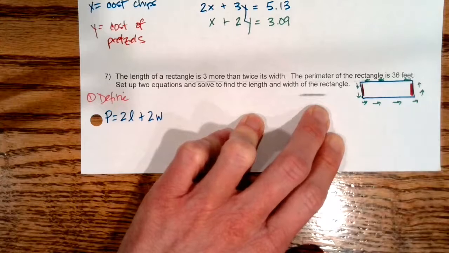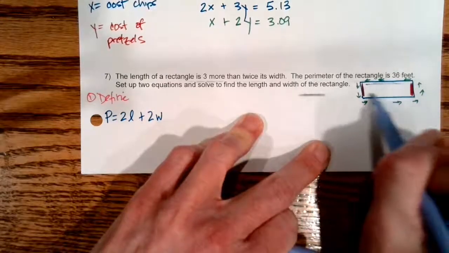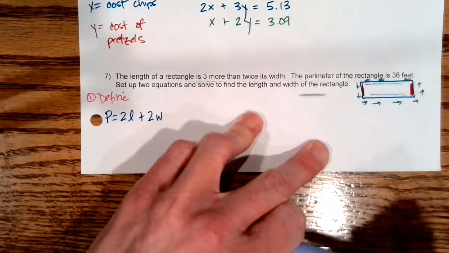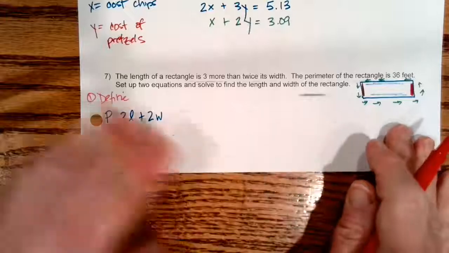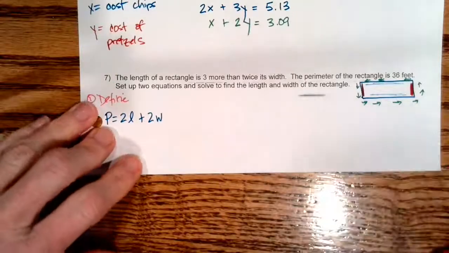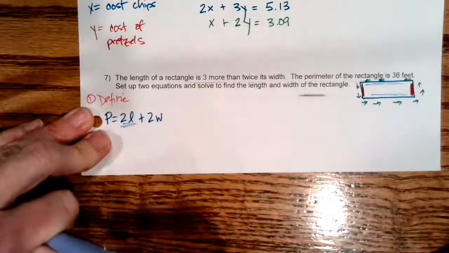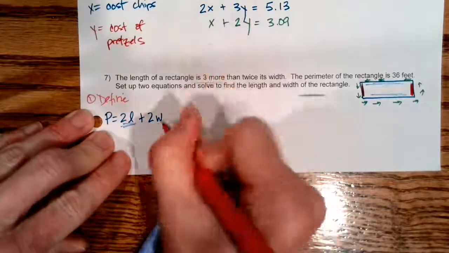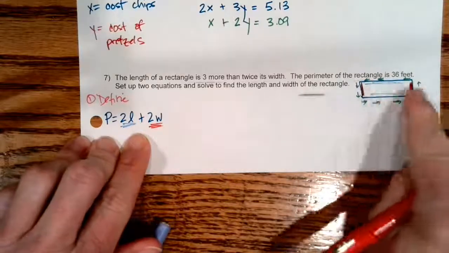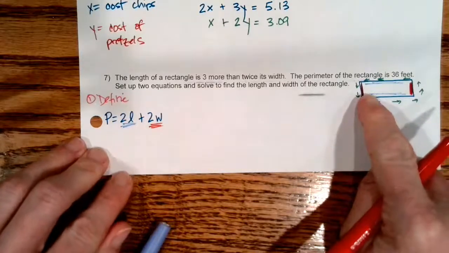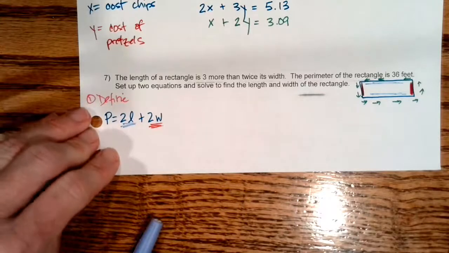So when you look at this picture, I've got my purple sides that have the same length and my red sides that have the same length. Now, it doesn't matter what you call length or width. Typically, people like to call the length the longer one and the width the shorter one. But I know I've got 2 purples and 2 reds that I want to add up the distance around, and that's going to be my length and width.